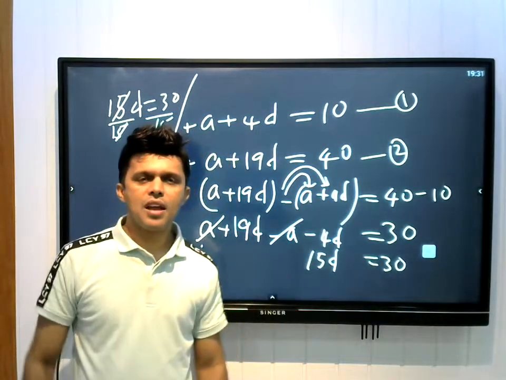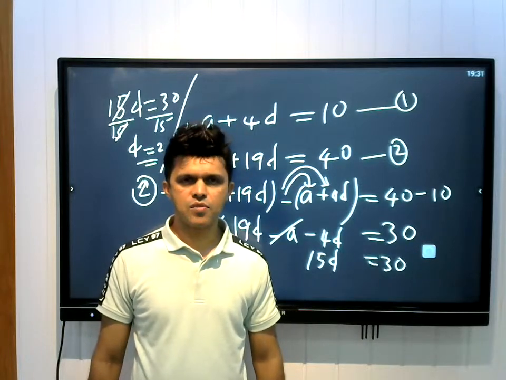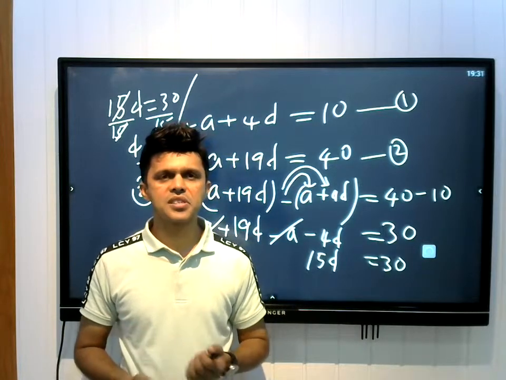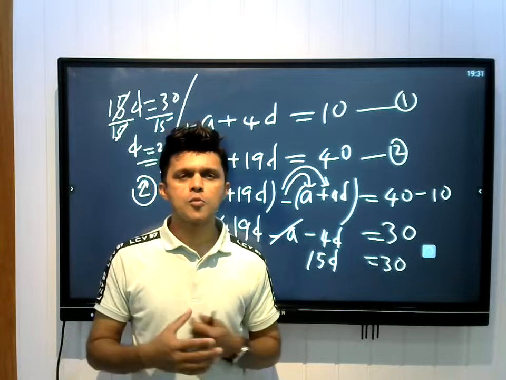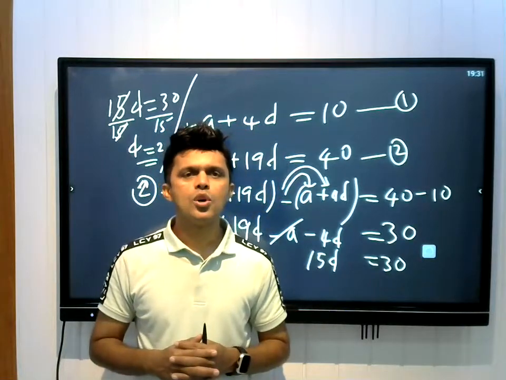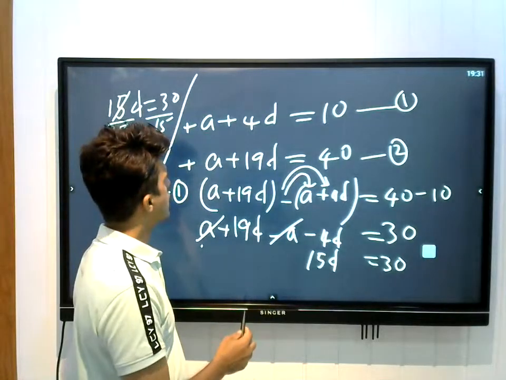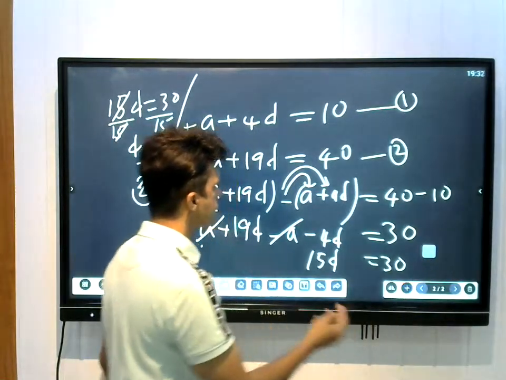Are we able to get the value of A here? Yes, we can get the value of A, which means the first term can be found. We substitute D equals 2 into A plus 4D equals 10.